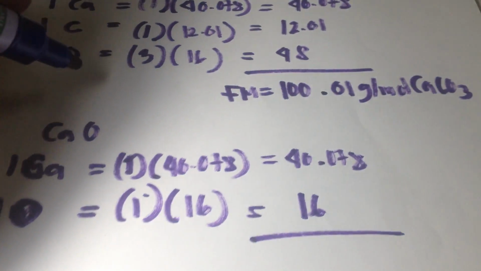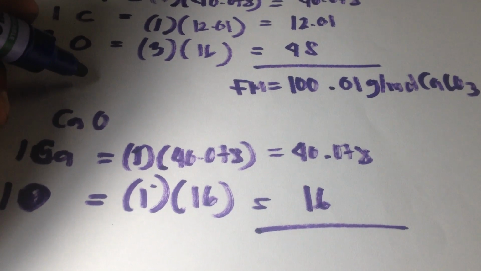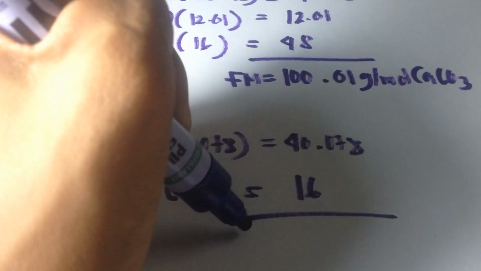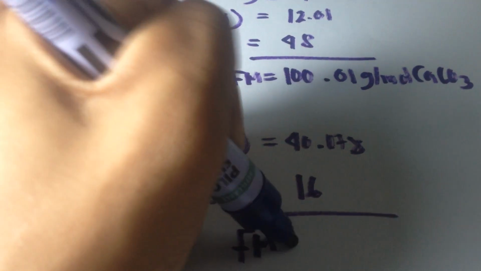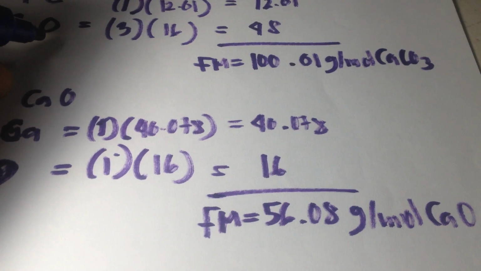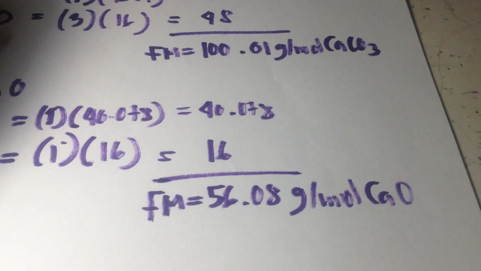So 40.078 plus 16 is equals to 56.08 grams per mole of calcium oxide.